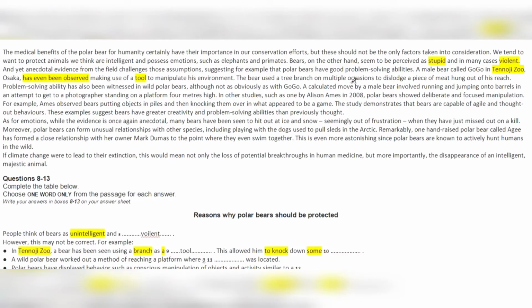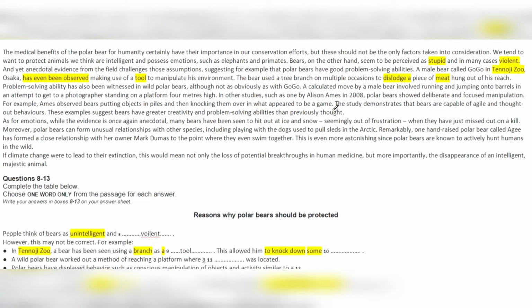The bear used a tree branch on multiple occasions to dislodge a piece of meat. Here, knock down is the synonym of dislodge. Dislodge a piece of meat. Knock down some dash, a piece of meat. Here we write the word meat.